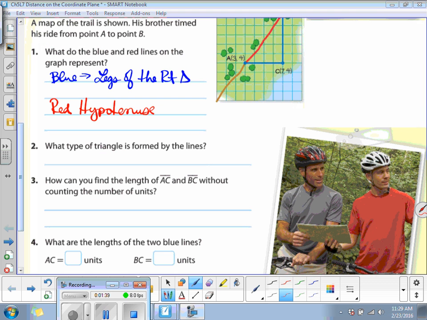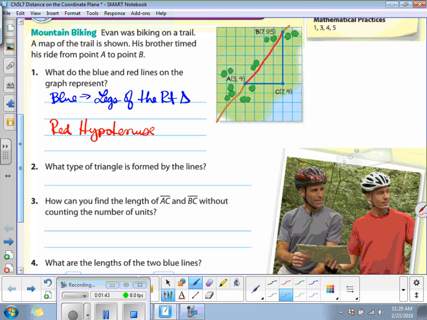Number 2 says, what type of triangle is formed by those lines? That is a right triangle. Very good.